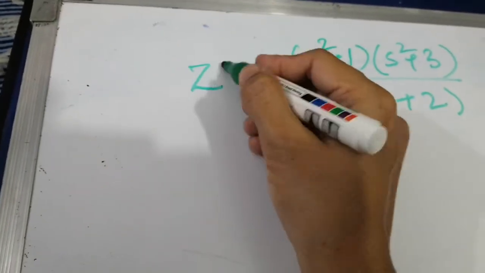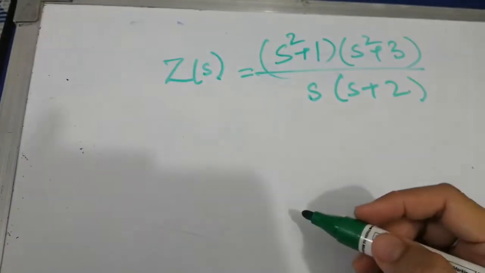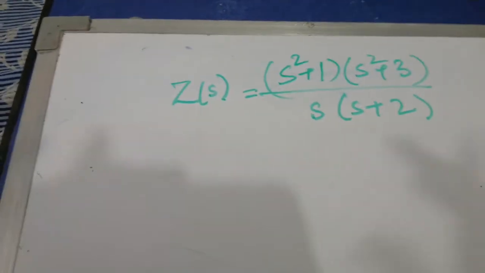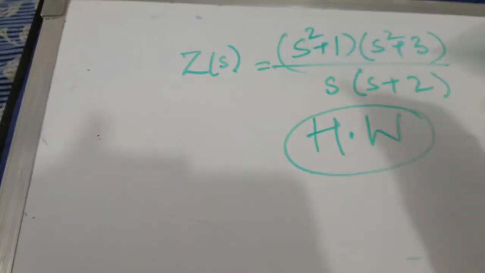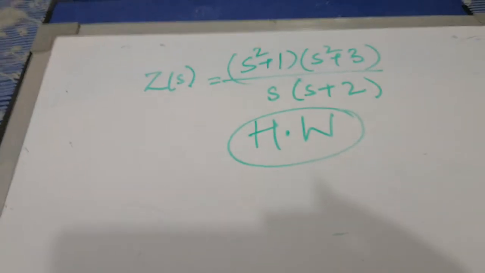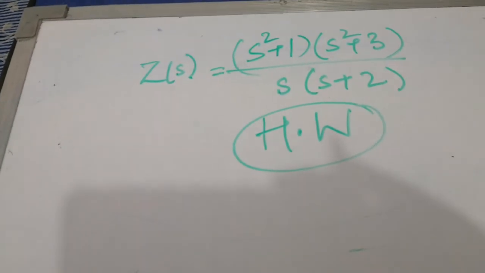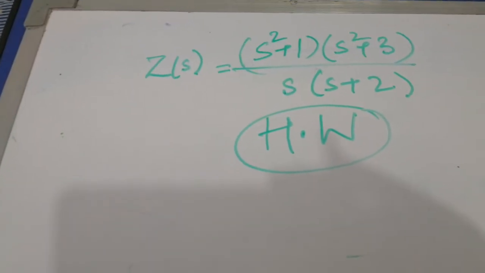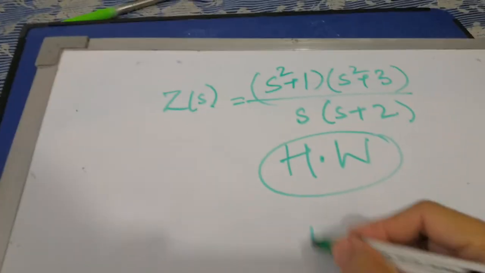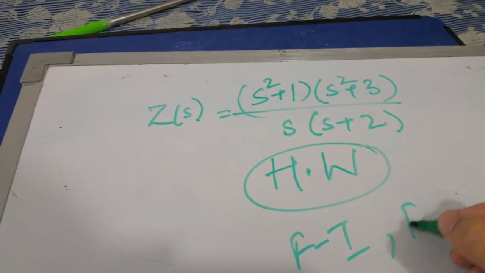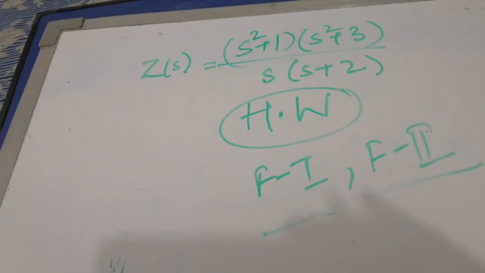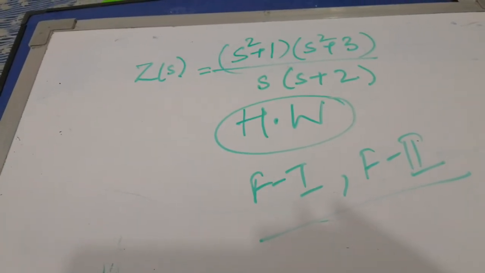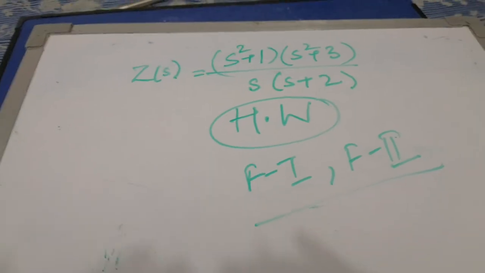This is going to be my Zs. So you all have to do this as your homework, and then we can take out the doubts tomorrow in our Zoom class, right? You all have to perform the Foster 1 and Foster 2 form for this numerical, s square plus 1 into s square plus 3 upon s into s plus 2.